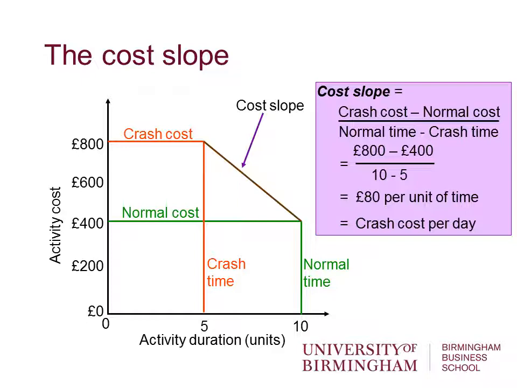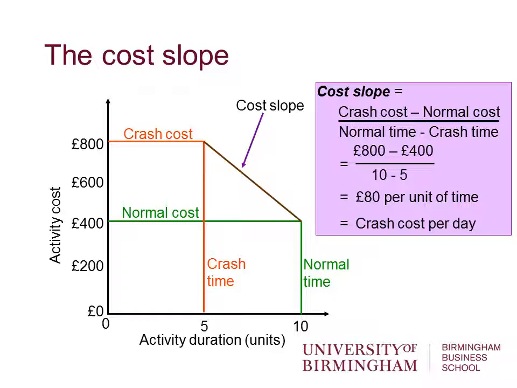So this is a straight line. It's a proportional increase in cost for every day which we reduce this activity, and we can calculate the cost slope, which is simply crash cost minus normal cost divided by normal time minus crash time.